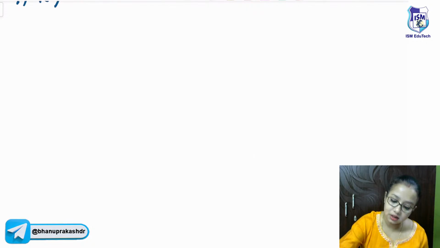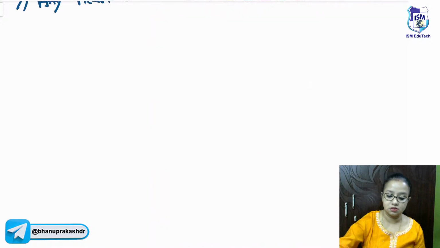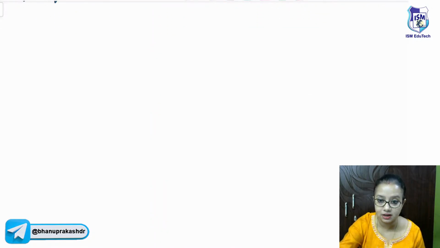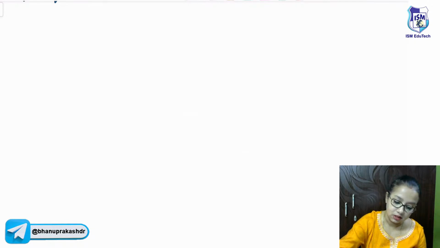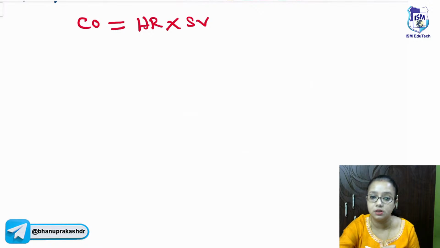Now, coming to the determinants or factors which determine the cardiac output. Cardiac output is calculated as heart rate into stroke volume.